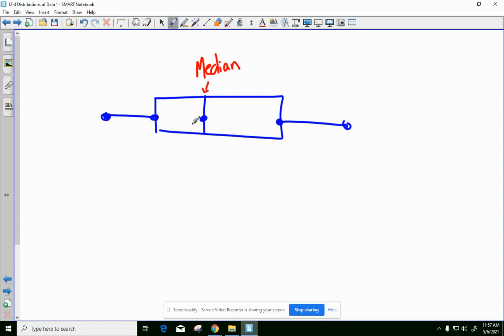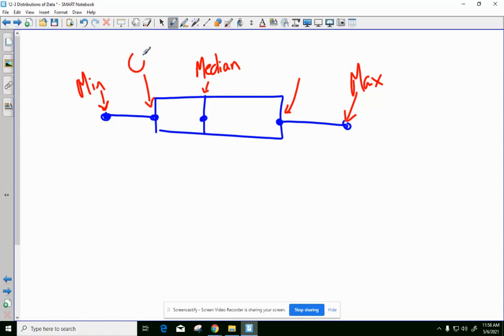What else? On the left-hand side, we have the minimum value. On the right-hand side, we have the maximum value. The second line, this one here, is a part of the interquartile range.